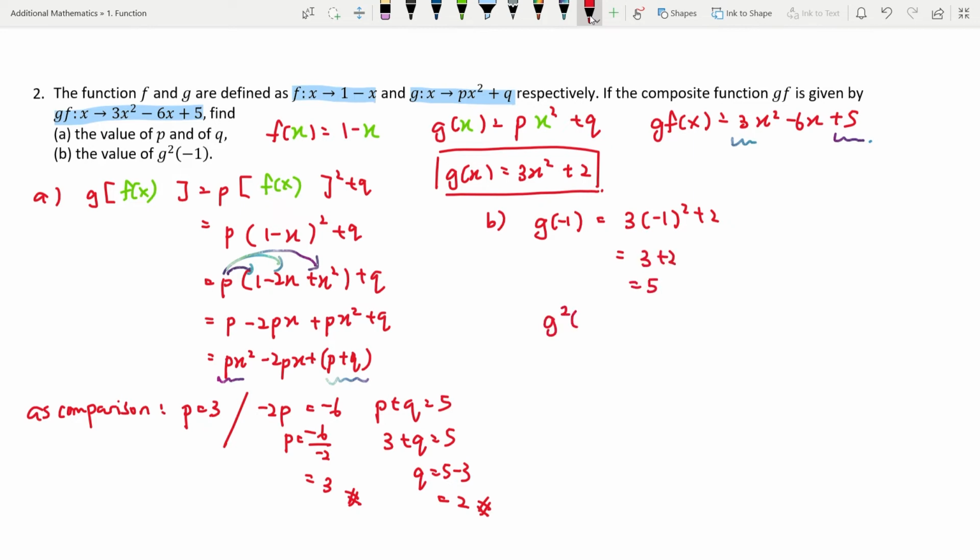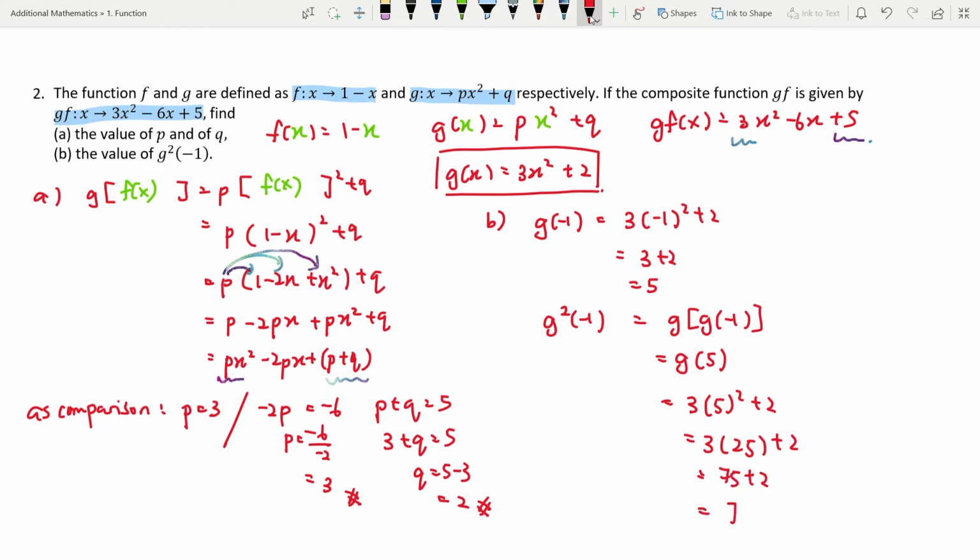G squared (negative 1) is the same as g(g(negative 1)), which is g(5). Substitute 5 into function g. We get 75 plus 2, 77.